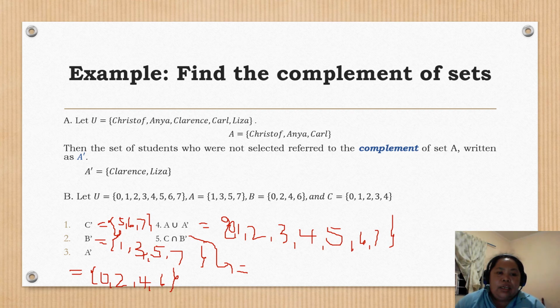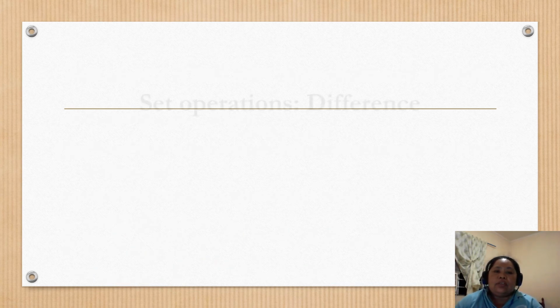We have 3 and 1. So, the answer is 1 and 3. Okay? Question? Did you understand the concept of complement now? I hope so. Next, let's move on.